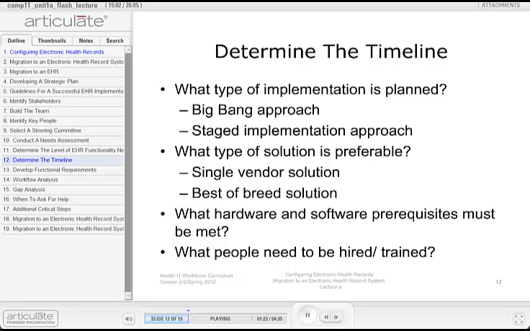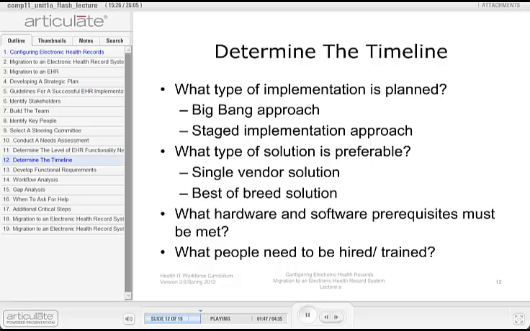Each type of implementation has advantages and disadvantages. The Big Bang approach usually has a shorter implementation time, but it has a higher risk of failure. The staged implementation allows clinicians to gradually acclimatize to the electronic health record. Thus, it is more amenable to physicians who are resistant to change.